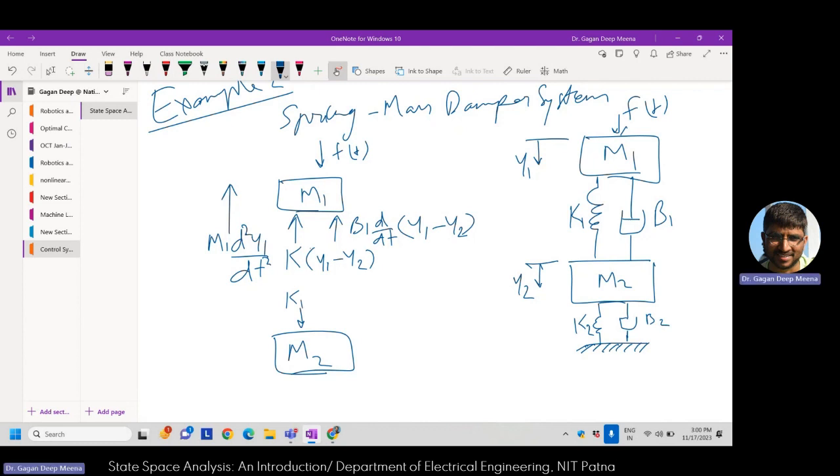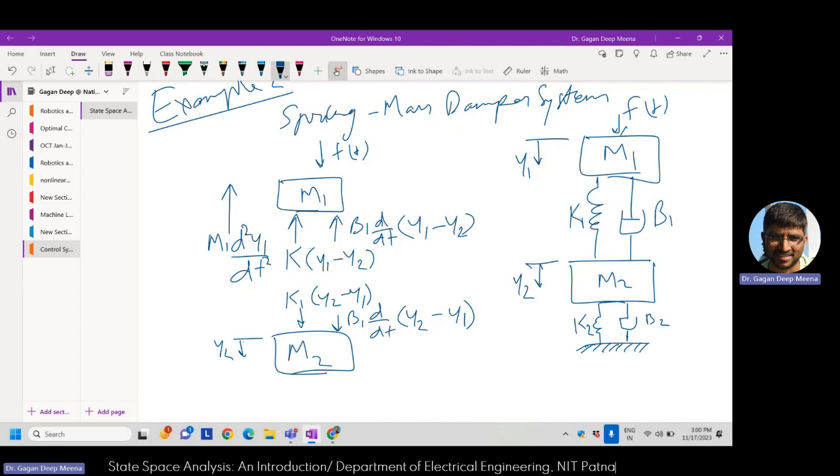Now we are considering the mass m2, so k1 times (y2 minus y1) will be contributed, and the force acting as input to the mass m2 by the damper is b1 d by dt of (y2 minus y1). To these inputs to the mass m2 there will be reaction forces, and the displacement y2 is along with the mass m2.